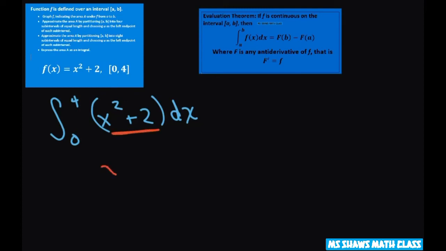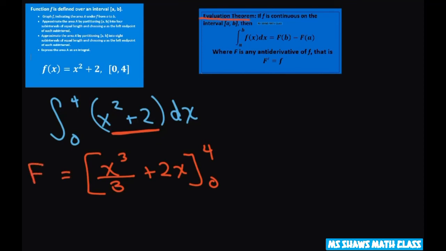So this is going to be x cubed divided by 3 plus 2x. And then we're evaluating this from 0 to 4. We're using the evaluation theorem. And now this is our F, because this is our antiderivative of f. So all you do is use F of 4 minus F of 0.